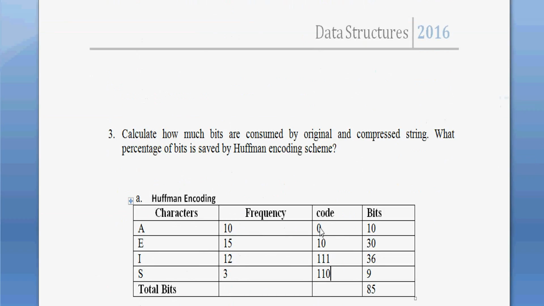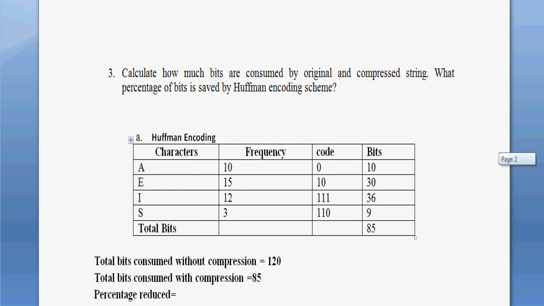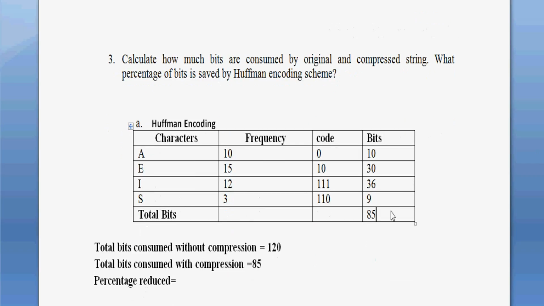When we multiply these consumed bits with the frequency, 1 into 10, we consume 10 bits for A, 2 into 15, 30 bits for E, 3 into 12, 36 bits for I, and 3 into 3, 9 bits for S. We consume a total of 85 bits.